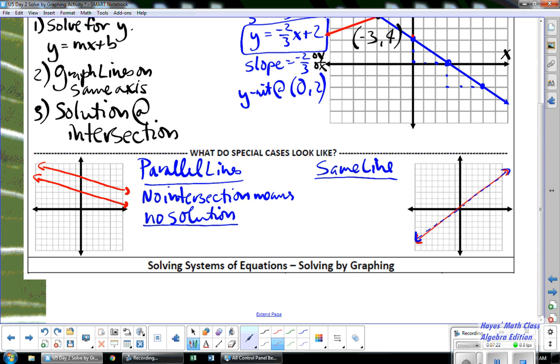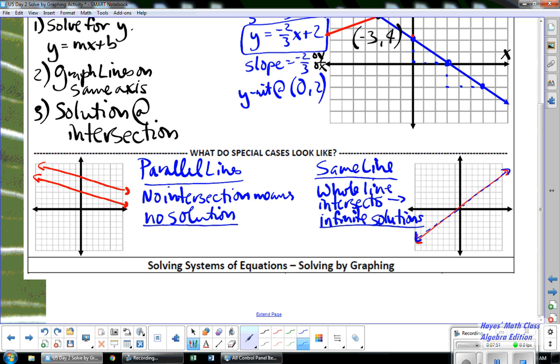And so that means the whole line intersects. So that means that it's infinitely many solutions. Some of you guys write that as IMS. But those are the two cases.